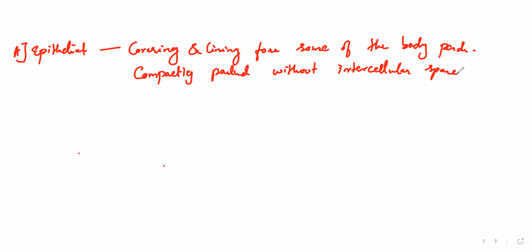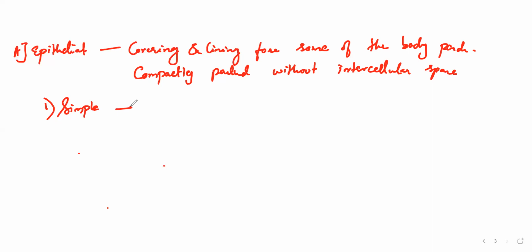Okay, so as I told you, they are again divided into two types, that is simple and compound. So let's see the first one, which is the simple. So in the name itself, it's there. Simple means only a single layer of cells it will be having, whereas compound means many layers will be present, or two or more layers will be present.